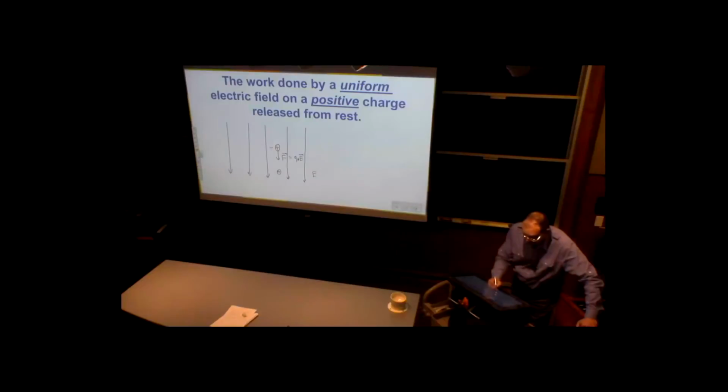So this will be the distance traveled, or the displacement. And for a uniform electric field, the force acting on the charge remains constant, uniform.